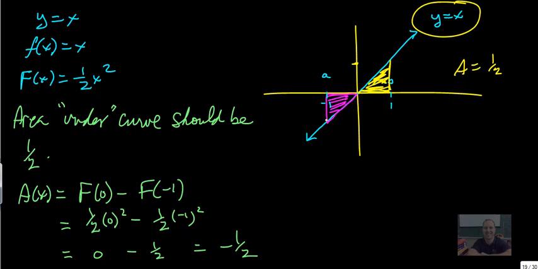Now, if we looked at the area under the curve between here and the x-axis, and we took a look at, well, what happens if we have this 0 as our right boundary and negative 1 as our left boundary, then what would happen? The area under the curve we know here should be, if we're just talking about this pink area now, the area should be 1/2 as well, right? So what do we get though?